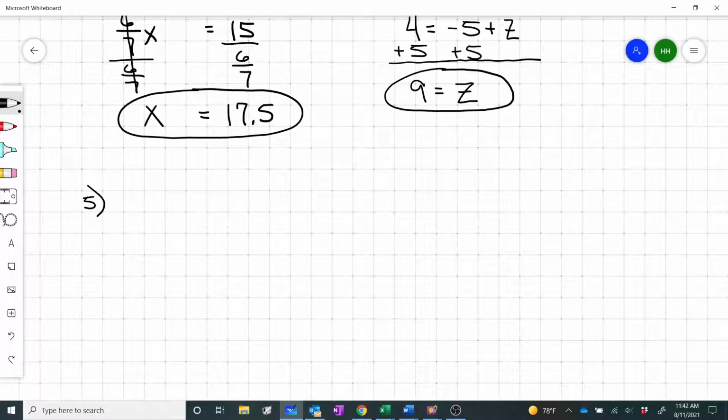Number 5 was b minus 3 being divided by negative 5 is equal to negative 15. So something minus 3 that's divided by negative 5 equals negative 15. So again, you multiply both sides by that denominator, which is negative 5.